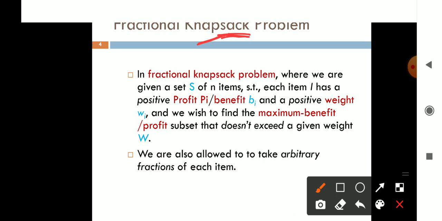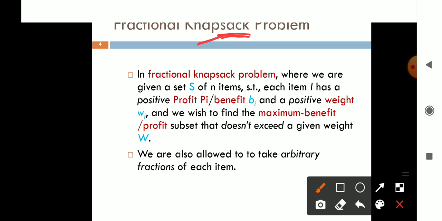Whenever we are talking about a bag, each and every bag will have a capacity. So we have to fill that many objects in the bag so that the bag is at full capacity.